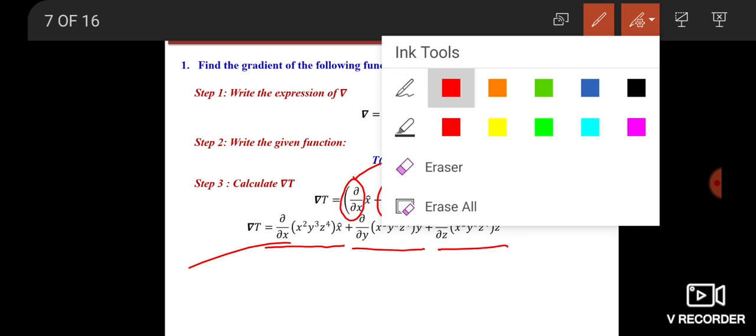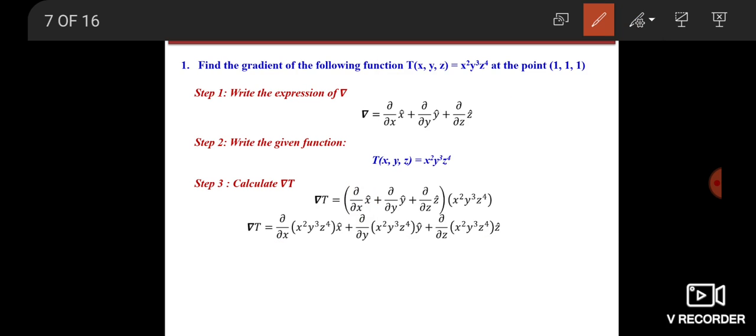Here we have to evaluate the partial differentiation. That means del/del x will only operate on the x term, where y and z terms remain constant. Similarly, when del/del y operates on this term, it will act only on the y term, x and z terms remain constant. And when del/del z operates on this term, it will only act on the z term, keeping x and y terms constant.